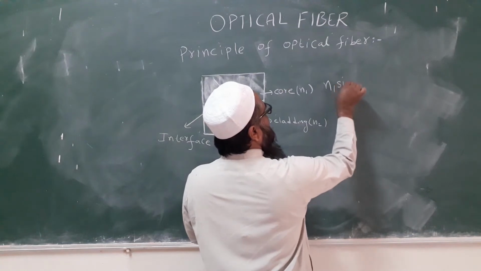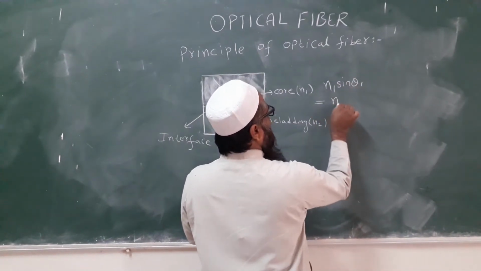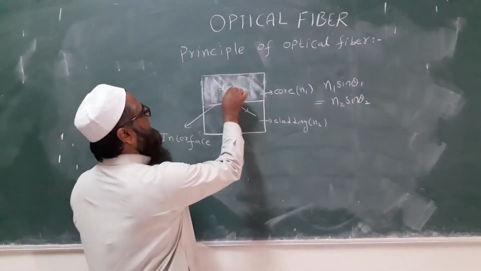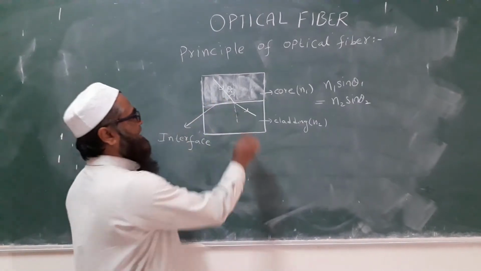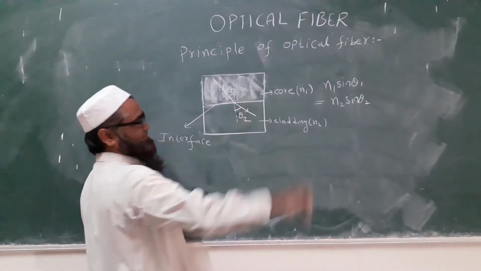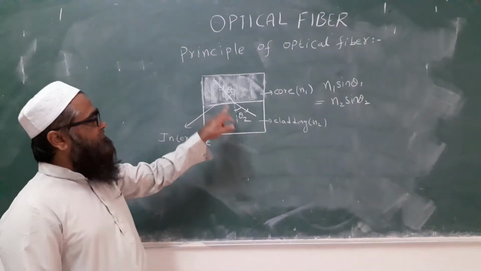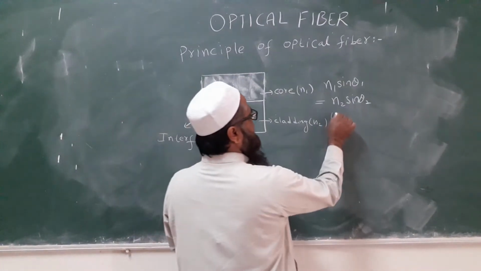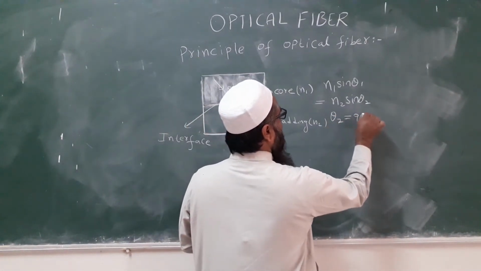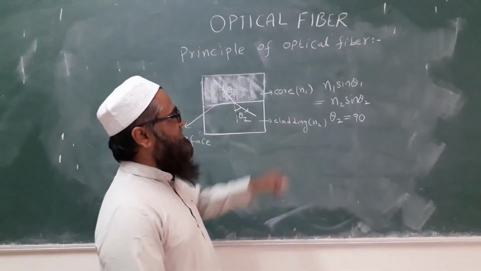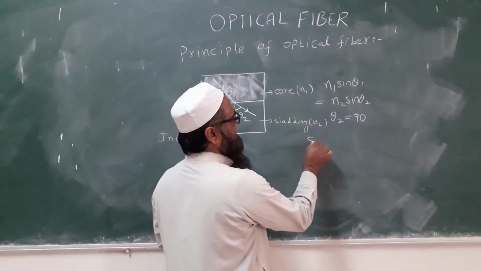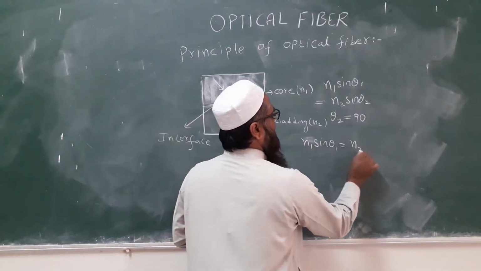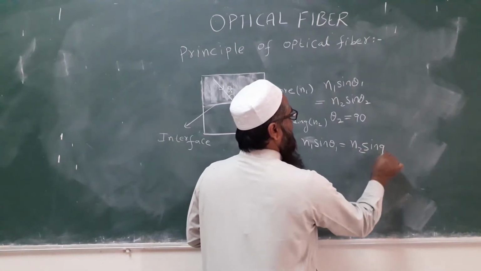By Snell's law, n1 sine theta 1 is equal to n2 sine theta 2. Theta 1 is the angle of incidence and theta 2 is the angle of refraction. If theta 2 is equal to 90, then the equation is n1 sine theta 1 is equal to n2 sine 90.